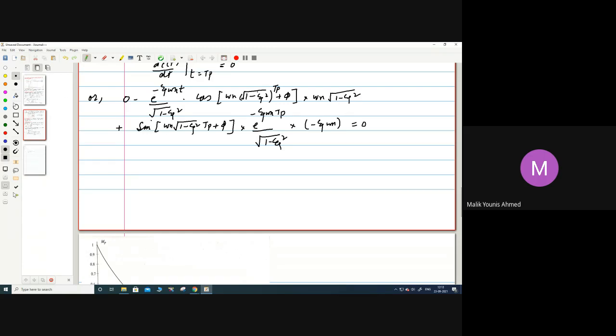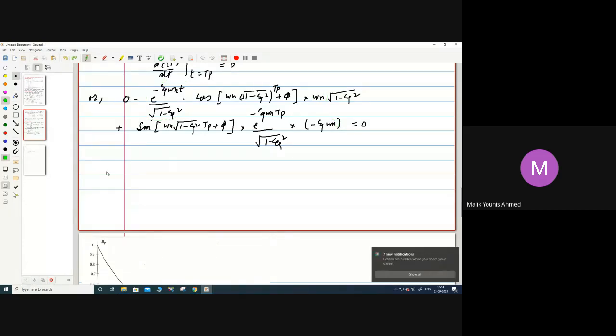I'll be highlighting this because for your knowledge, this complete term is common in both. It is common here also and here also, so I can take them common and they will become 0.